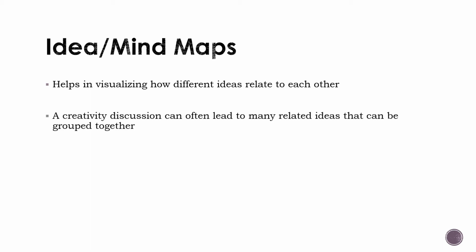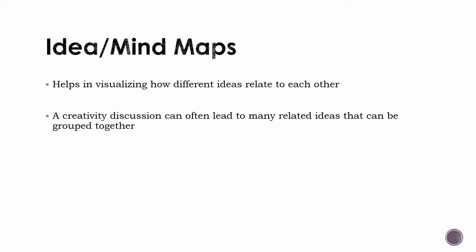Now, once a creativity discussion is done, you will realize that it can often lead to several ideas which are related to each other, and they can be grouped together. So when you group certain ideas together, you will have better requirements, and you can look at the requirements as part of a group and try to understand if that particular group can make it to the final cut in the final requirements of the project.